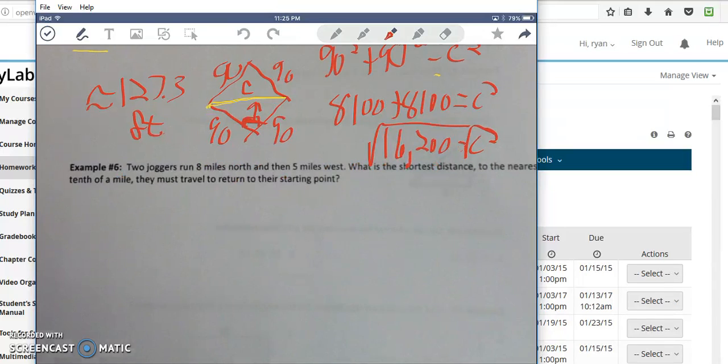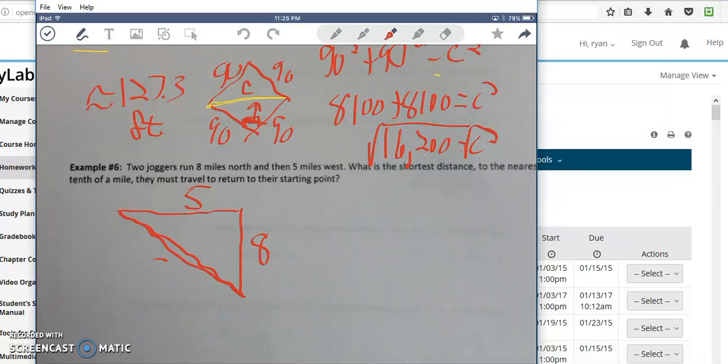The last one talks about a jogger who runs 8 miles north, so they go up, and then they go 5 miles to the west. So that'll be this way. What's the best way they can go to come back home? That would be the shortest distance. So we have 8 north, 5 west.